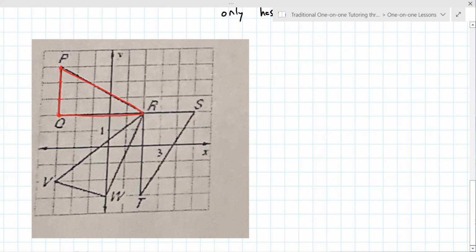Just count the squares. 1, 2, 3. 3. Okay, and then do the same thing from Q to R. For Q and R right there, 1, 2, 3, 4.